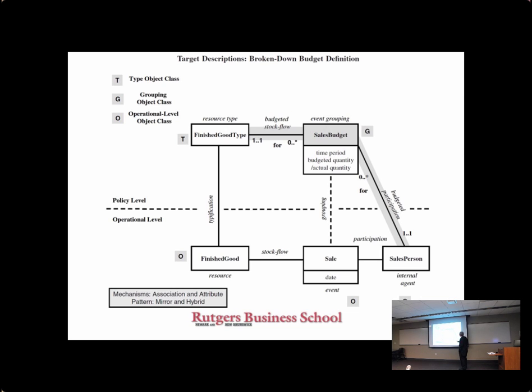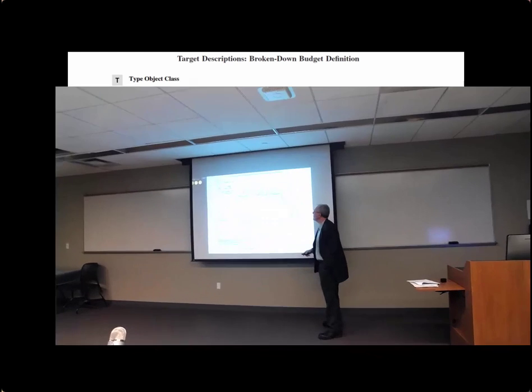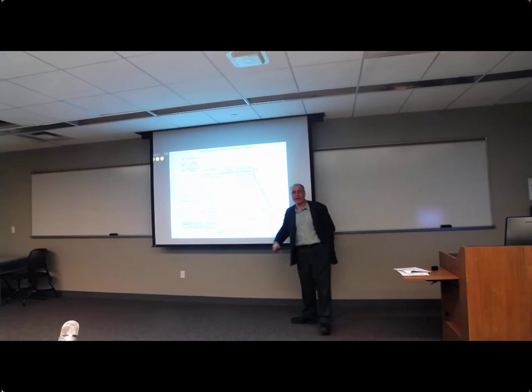Now here, what is interesting, you also have this budget for the different types of finished goods. So you want to sell a certain number of finished goods in a certain period, and you also have those budgets allocated for the person.